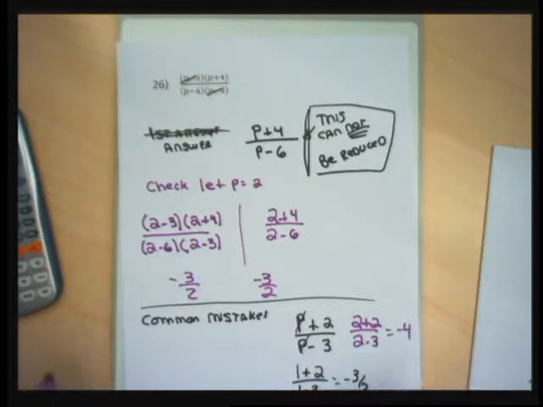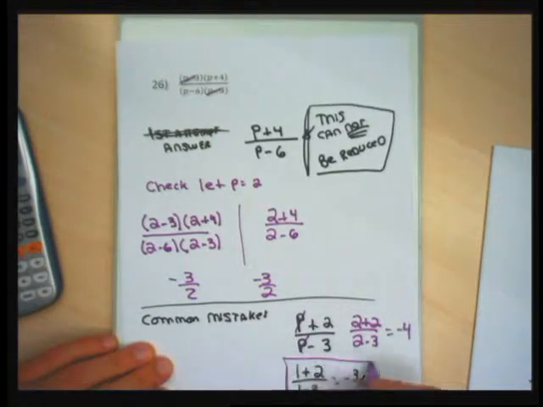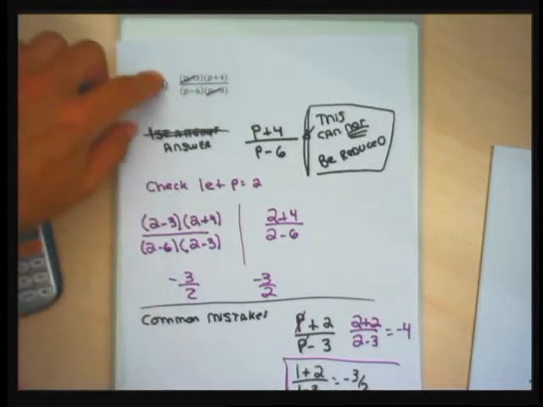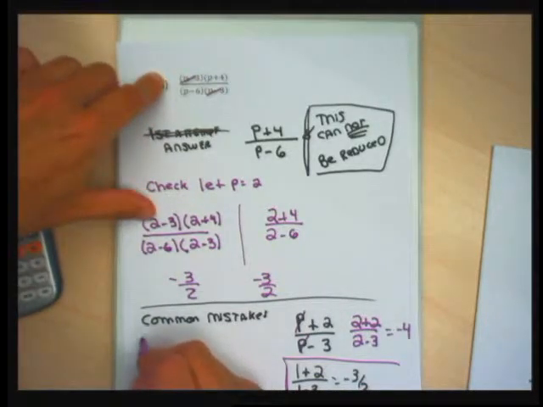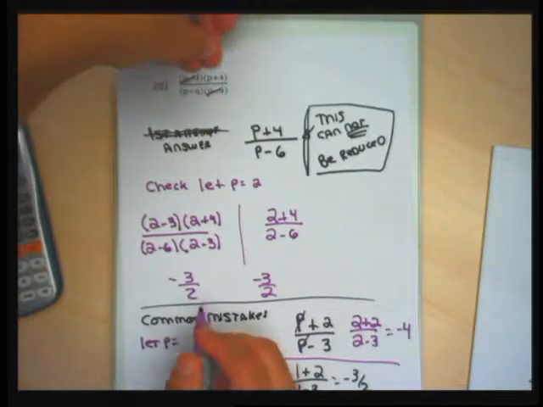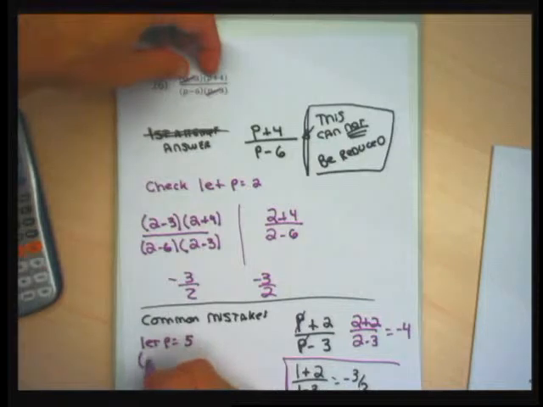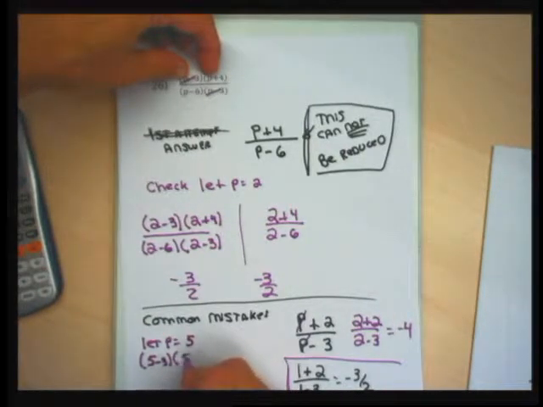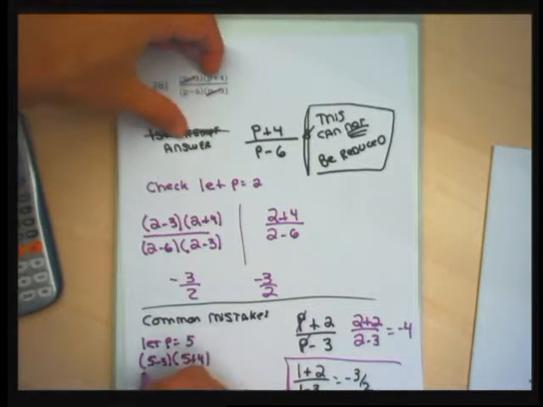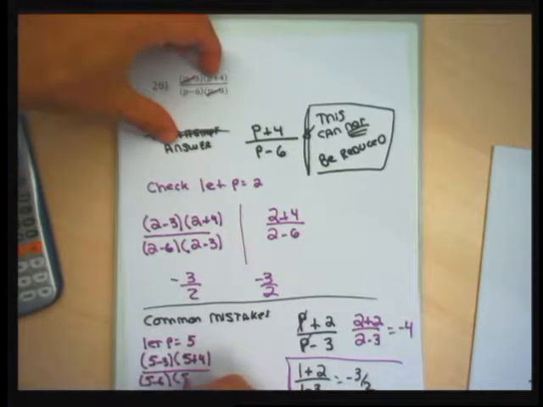Let me show you that this answer isn't generally correct, because if I would have picked another number and put it in the original problem, like p equal to, I don't know, how about 5? In the original problem I did 5 minus 3 over 5 plus 4 divided by 5 minus 6 over 5 minus 3.